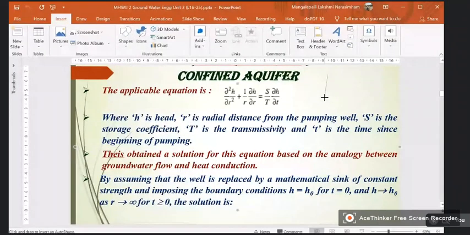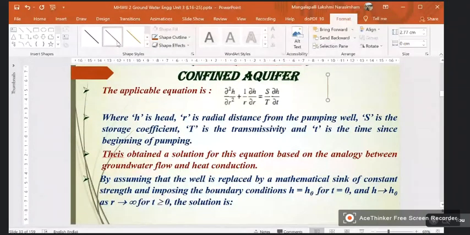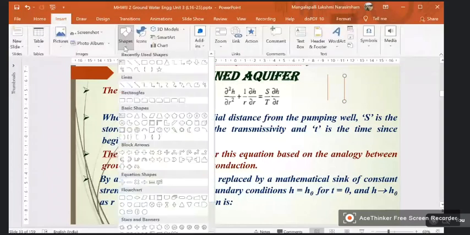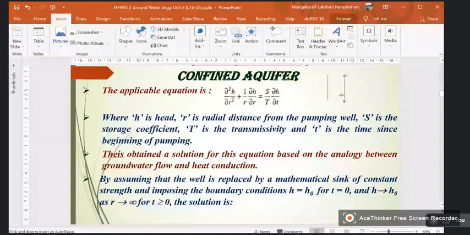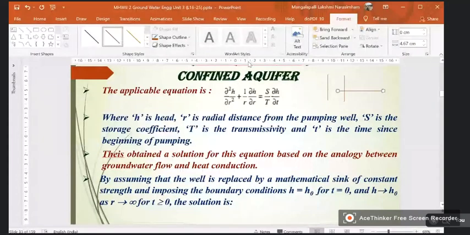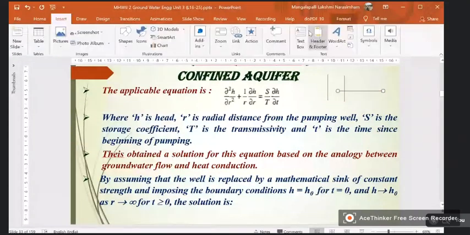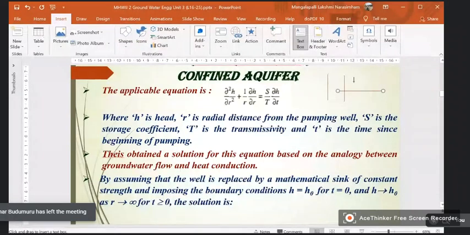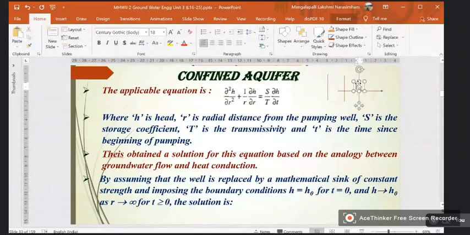suppose if you consider this as the pumping well, and I am considering any point from the center of the well. So this distance is small r.